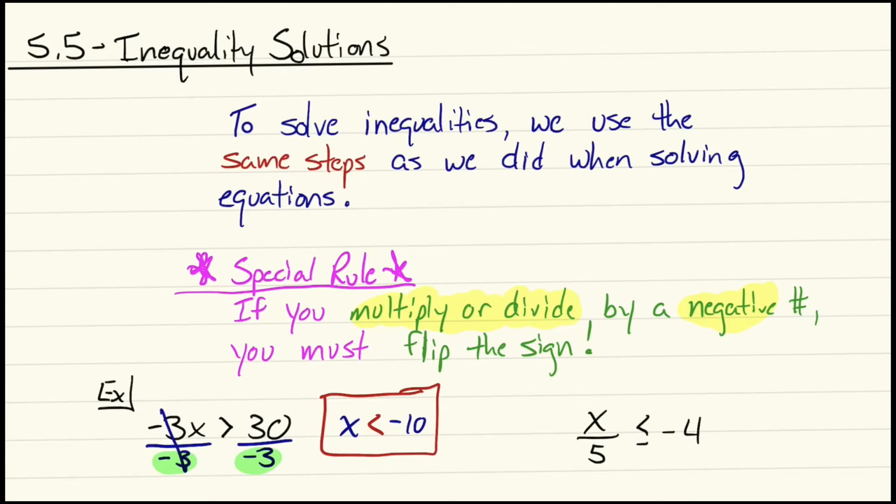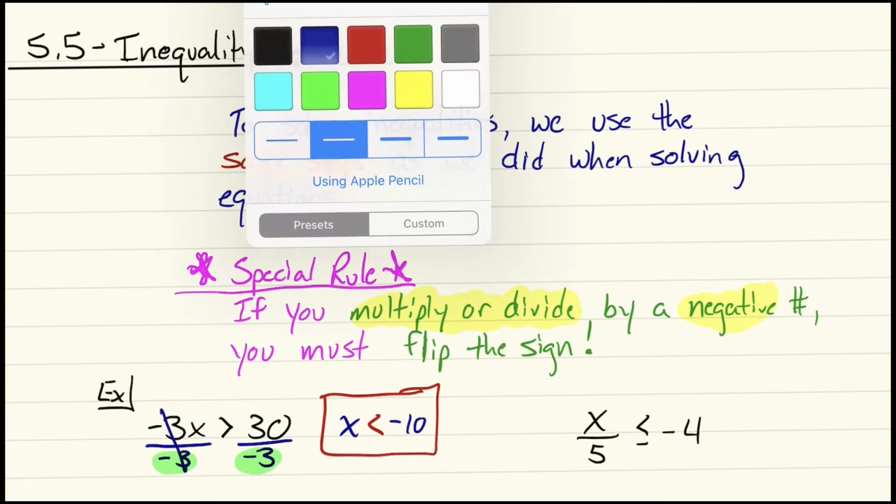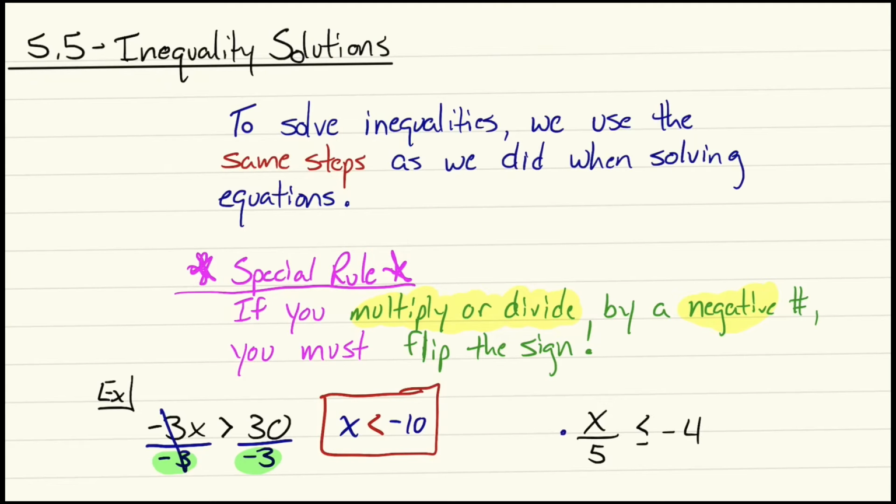So instead of saying x is greater than negative 10, I say x is less than negative 10. Okay, moving on. We have x divided by 5 is less than or equal to negative 4. So in this problem, we have division, so we do the opposite operation, so we multiply both sides by 5. On the left-hand side, the 5's cancel. That leaves me with x, and on the right-hand side, I have negative 20.